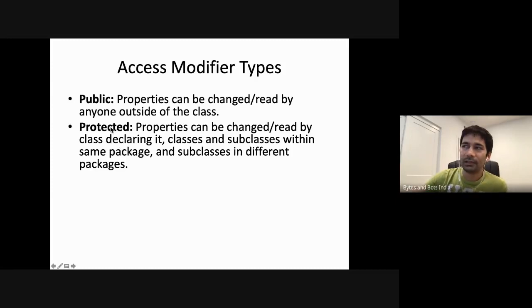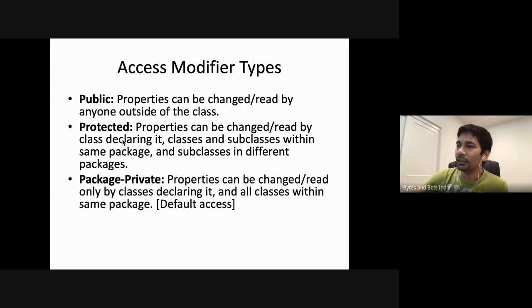So protected access modifier means that if you have a class in a directory, then all classes in that same directory will be able to access that member variable. Third is package private. Properties can be changed, read only by classes declaring it, and all classes within the same package. So what is the difference between protected and package private?